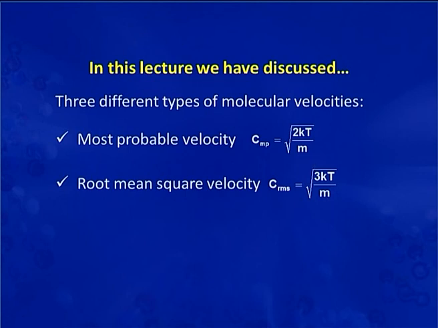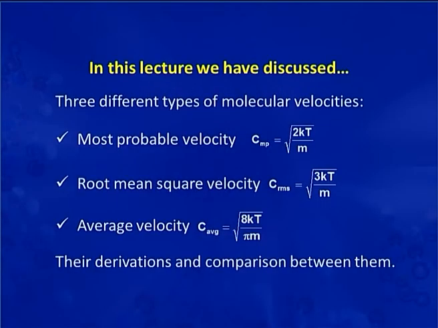It is CRMS is equal to √(3kT/m). And average velocity, it comes C average is equal to √(8kT/πm). Then we discussed the derivation and comparison between these 3 molecular velocities.